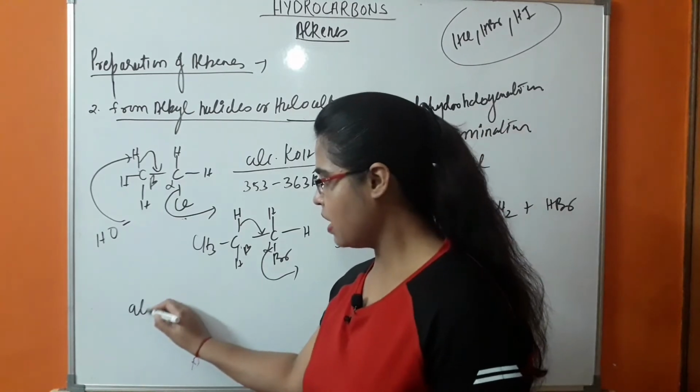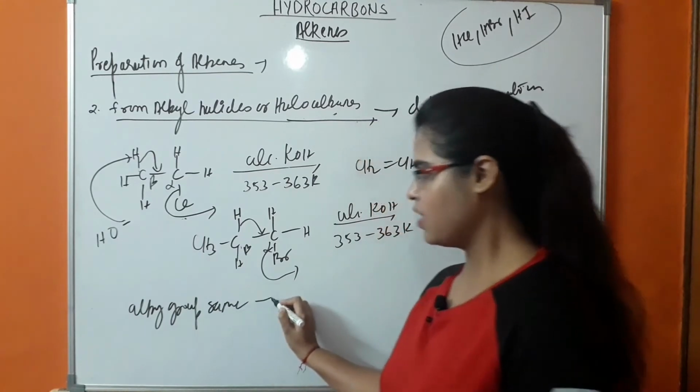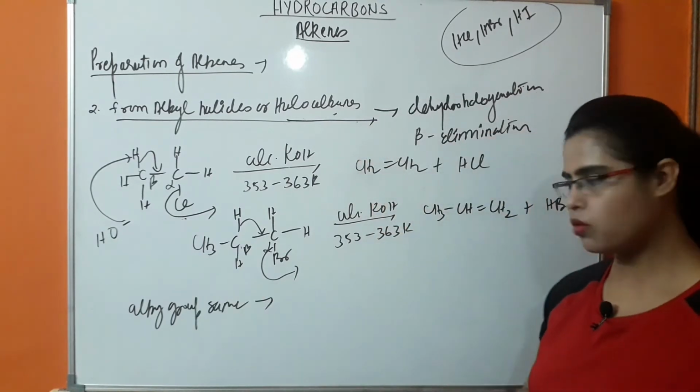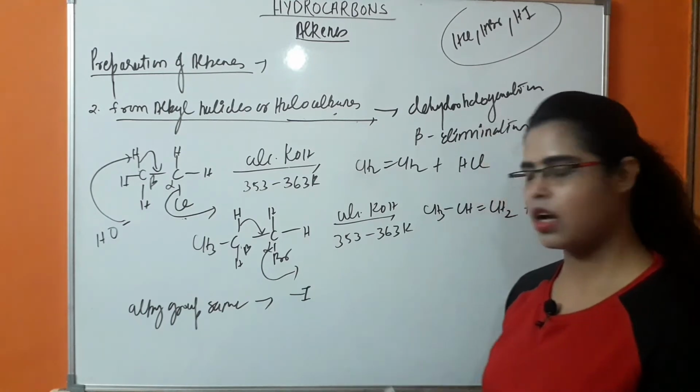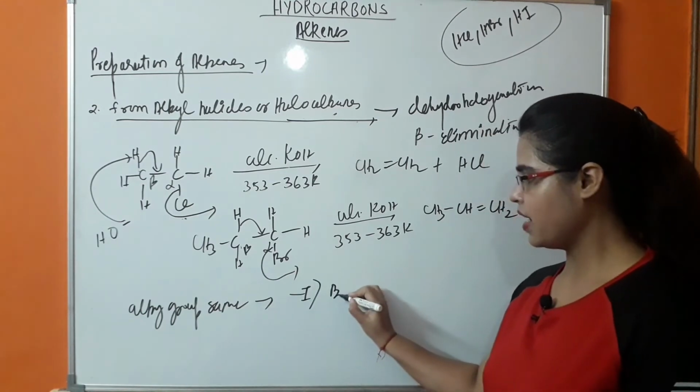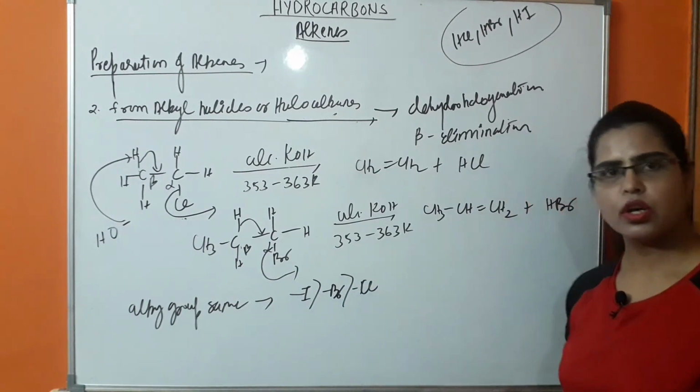If the alkyl groups are the same and the halogen atom is changing, then the order of reactivity will be higher for iodides, then bromides, and least for chlorides.